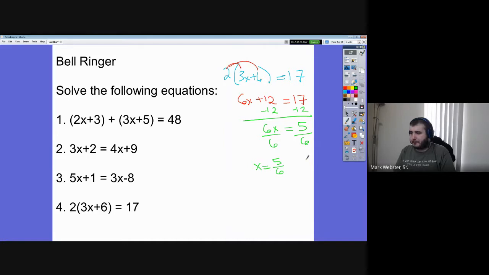Now, this is the fraction. And if you look on your calculator, some of you might be doing this on a calculator, the thing that you get might be 0.8333333, and it'll keep on doing threes all the way down.